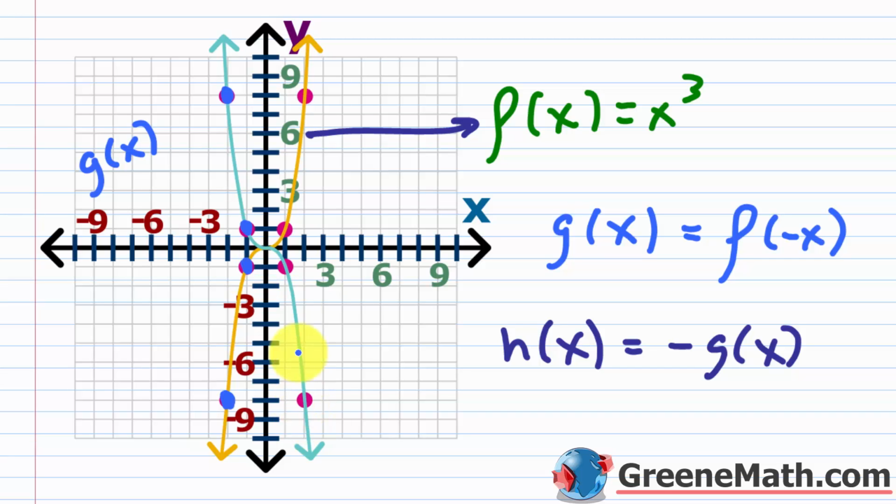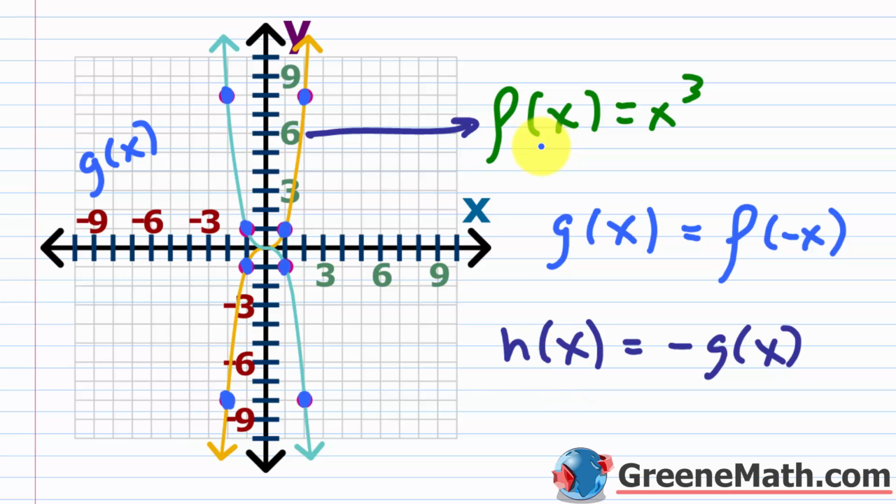So down here, instead of 2, negative 8, I'm going to have 2, positive 8. Instead of 1, negative 1, I'm going to have 1, 1. So what happens is all my points after I do this second reflection go back to the original graph of f of x equals x cubed. So now we see that this h of x ends up just being the original function f of x.